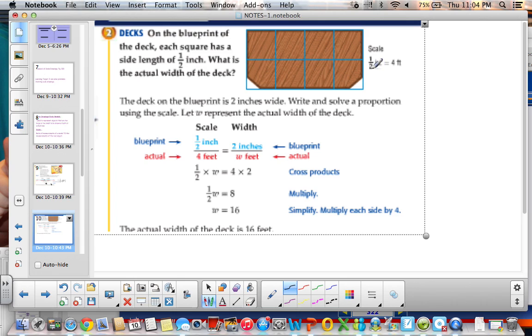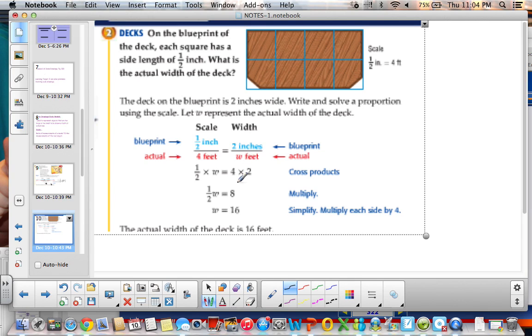Well, it tells us that 1/2 inch on the blueprint is actually 4 feet in life. So we have 1/2 plus 1/2, which is 1, plus 1/2 plus 1/2, which is 2. My 1/2 and my 4 together, so 1/2 inch over 4. And then my 2 inches, because that's how much it is on the model, 2 inches over W feet.